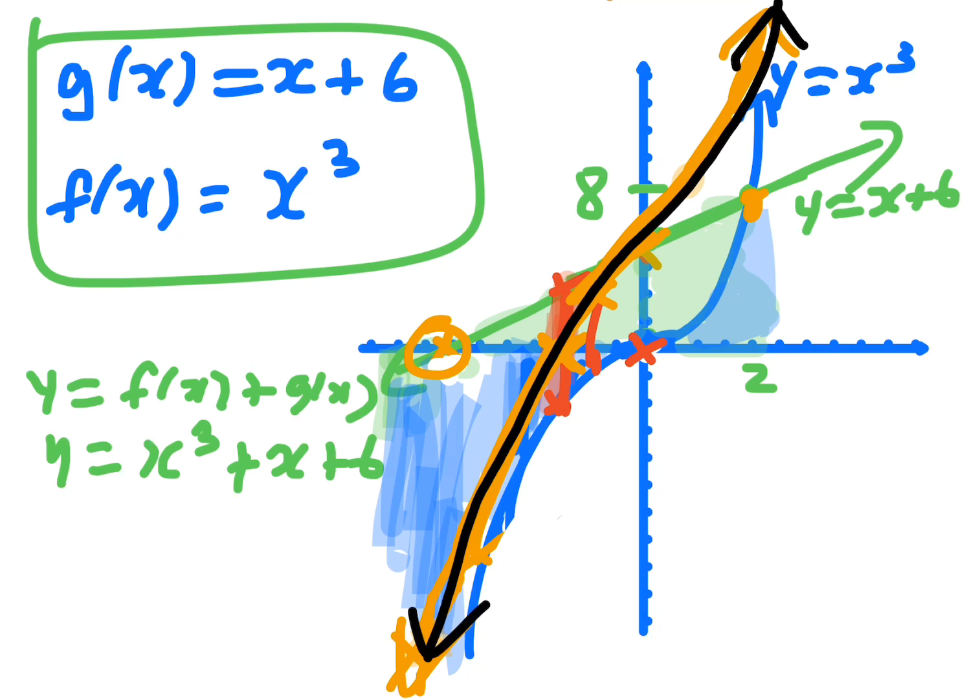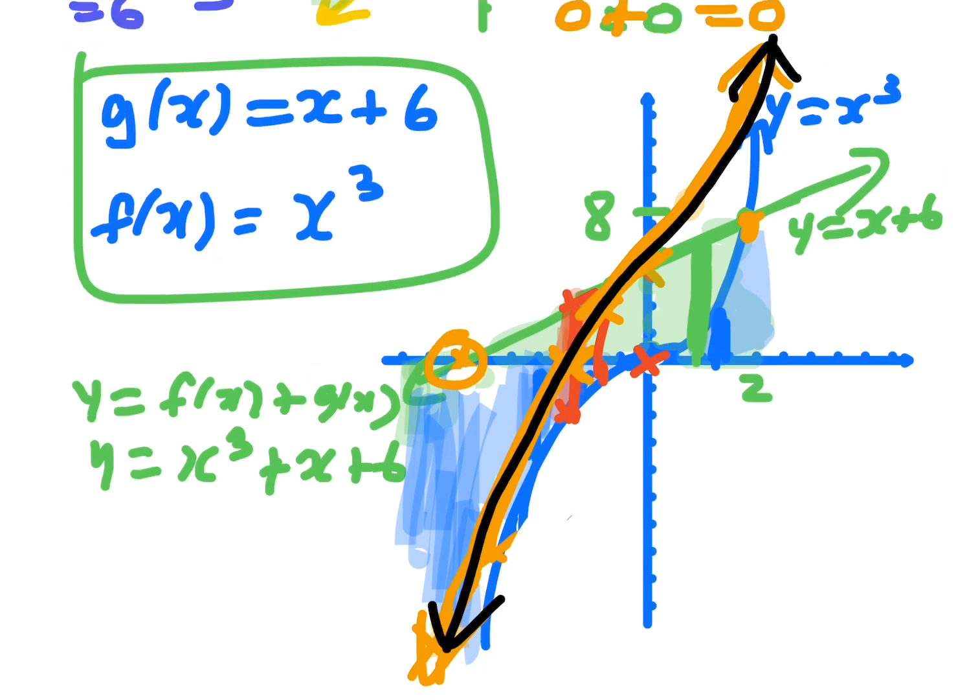So in all of this, every time you're doing it, all you're doing is adding a y value from one graph to the y value from the other graph.